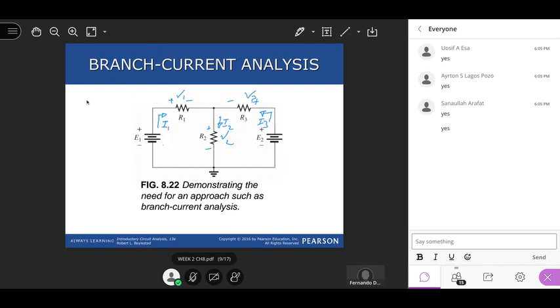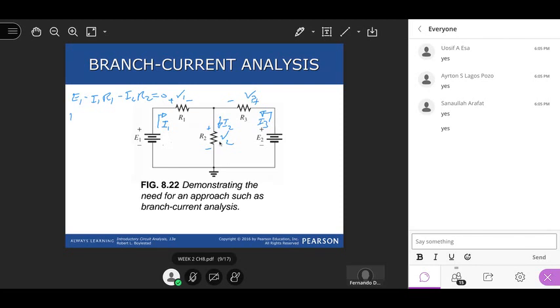Okay. So let's go to loop one. So loop one, we say that this is going to be E1 minus V1, but V1 is equal to I1 times R1, minus V2, but V2 is equal to I2 times R2, equal to 0.